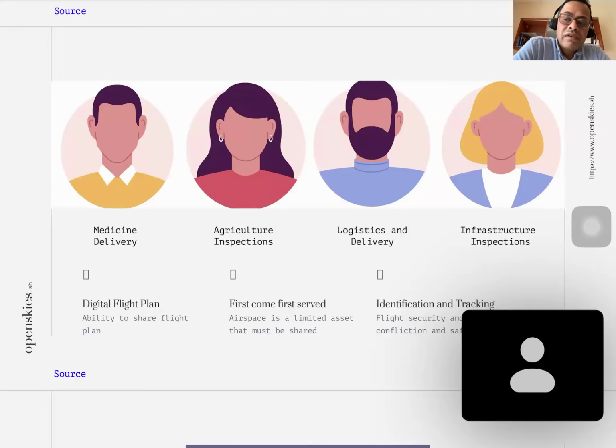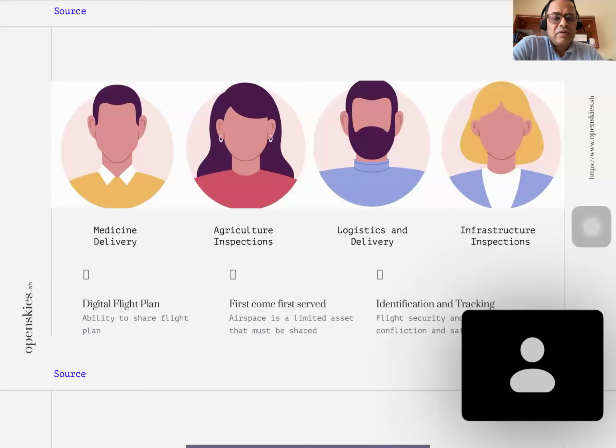Right now, the way the airspace is managed is basically on a first come, first served basis, meaning that you have an airspace and whoever files the flight plan first is allowed to use it. In that sense, it gets interesting because the airspace is a limited asset that must be shared. So how do you share it? What are the rules of this new sharing? That is an interesting question.